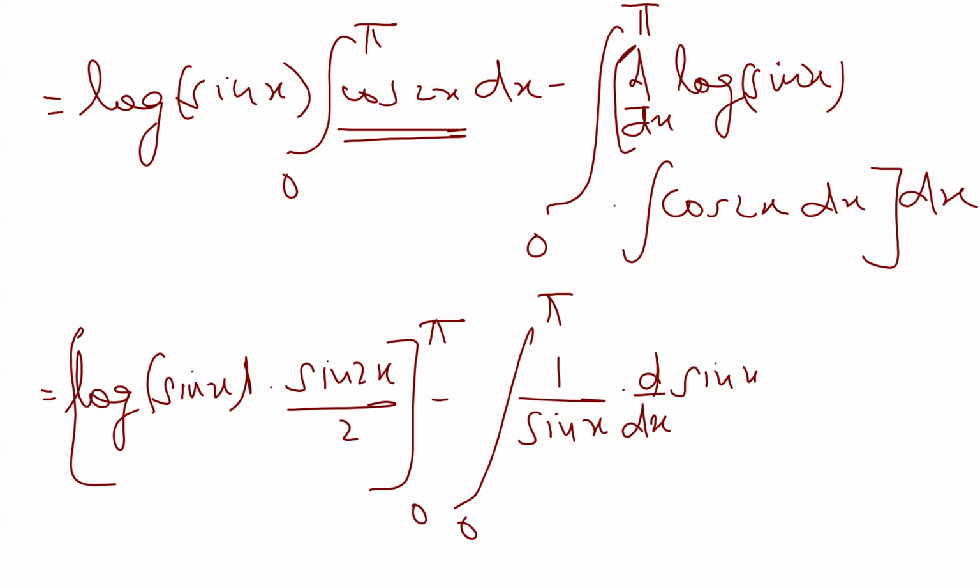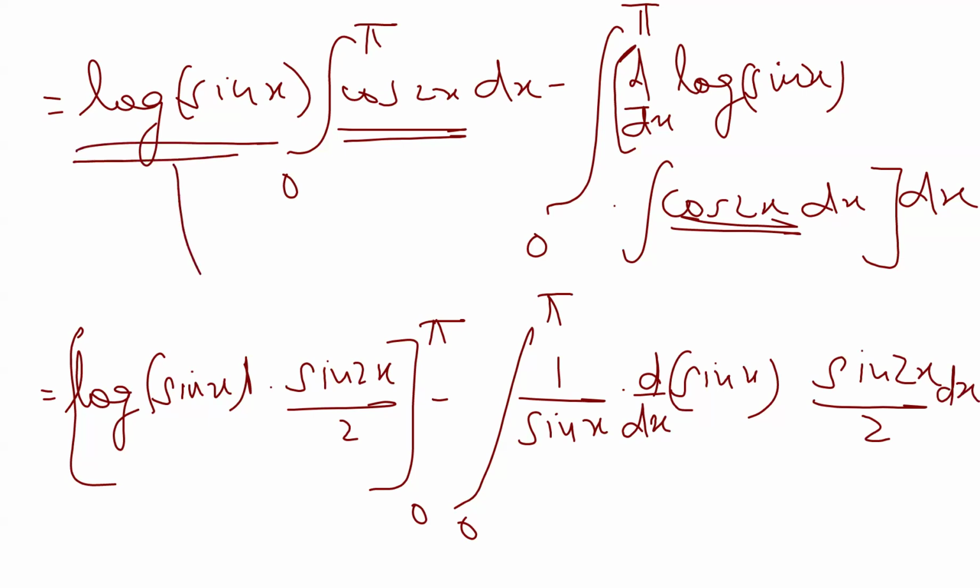And integration of cos 2x is sin 2x upon 2 dx. Now guys, listen, this also I'm taking within the box bracket. This is the second thing that you need to remember in this particular set of problems of Light rule in definite integrals.